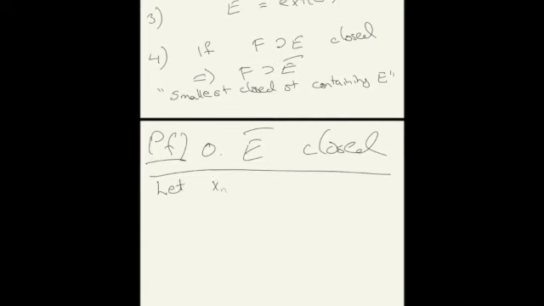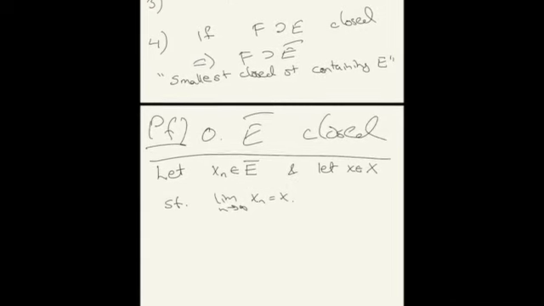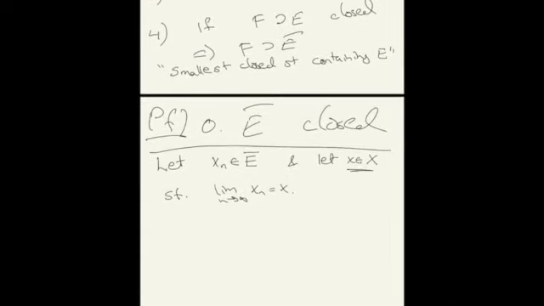Let x_n be a sequence of points in E bar, and let x be a point in X such that the limit as n goes to infinity of x_n is equal to x. We want to show that x is also in E bar. We know it's in X, but we want to show more, that it's in E bar.